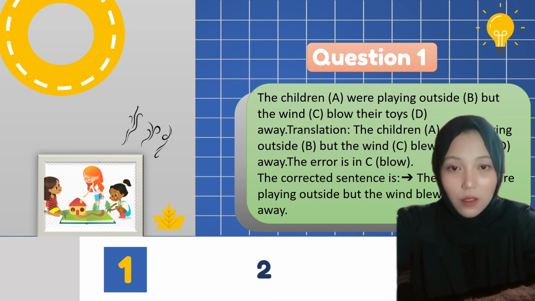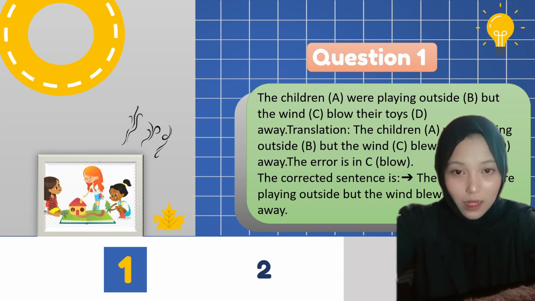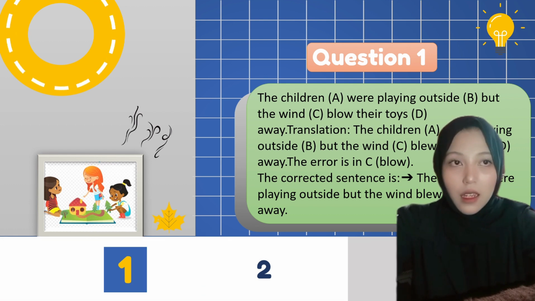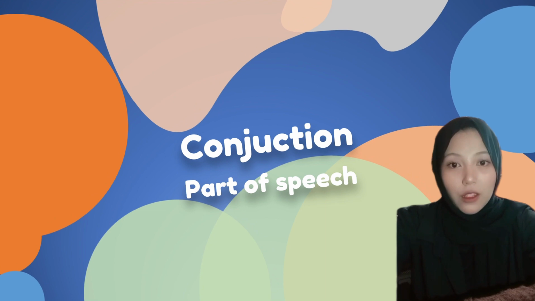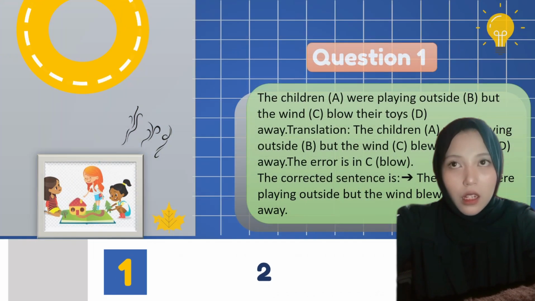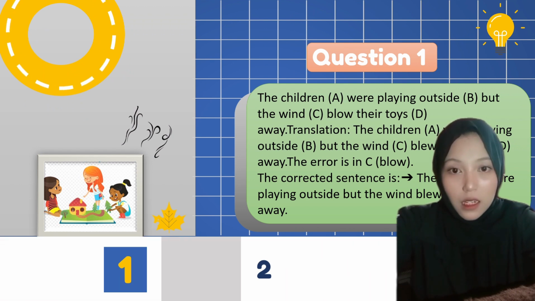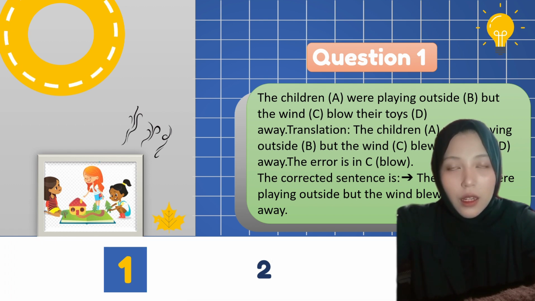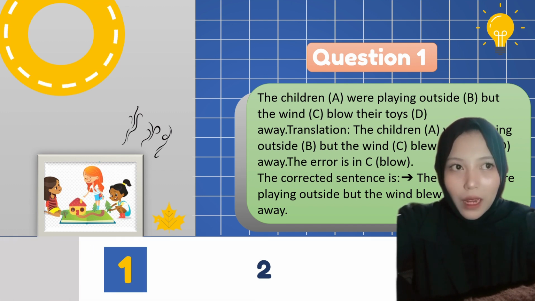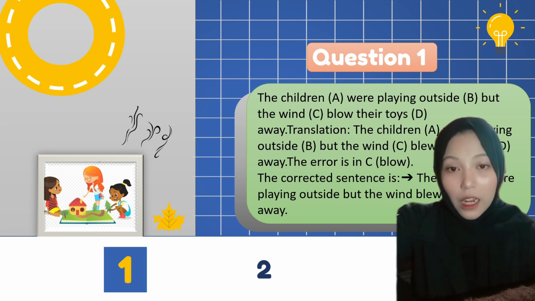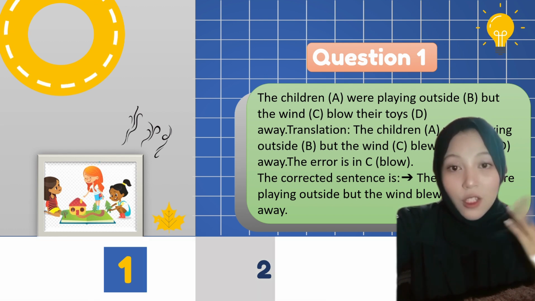The illustration, I choose an image where the children were playing outside because it matches the sentence, the children were playing, and the illustration of toys, but the wind blew their toys, and also added a science icon to make the illustration educational.